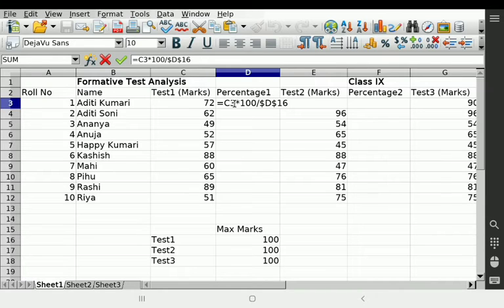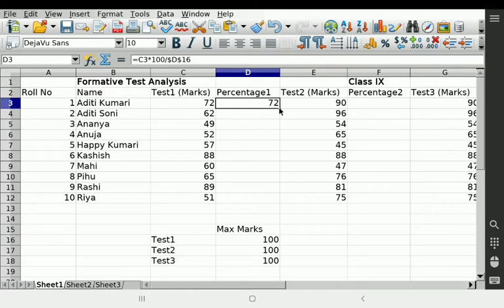This will be only changed: C3, C4, C5 and so on. So now I am pressing enter key. You can see percentage marks is 72 for Aditi in test 1. You can see the formula in this formula bar.